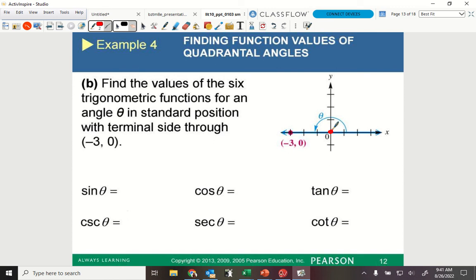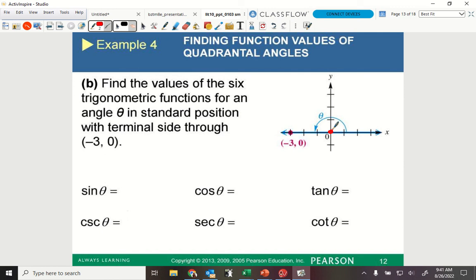R value stands for radius. The radius of a circle is what we're dealing with here. The radius of a circle is a distance from the center to the edge. You cannot have a negative distance. So your r value will always be positive.